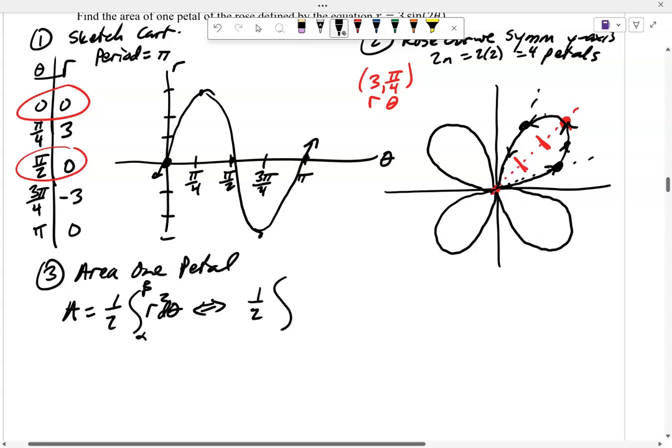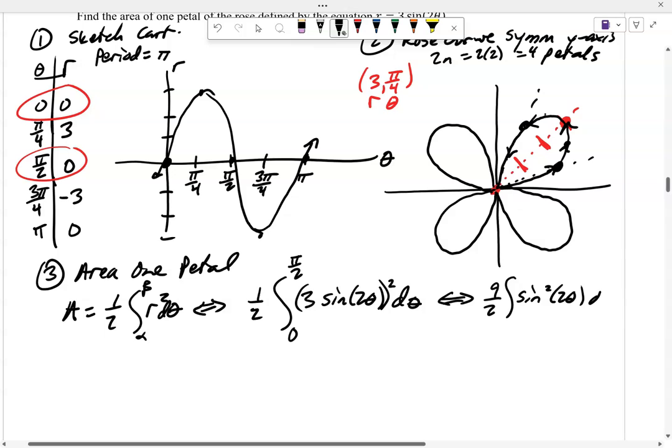Our r here is 3 sine of 2 theta, being squared, d theta, from theta being 0 to a theta of pi halves. So I got 9 sine squared 2 theta, so I'll have 9 halves sine squared of 2 theta d theta, 0 to pi halves.